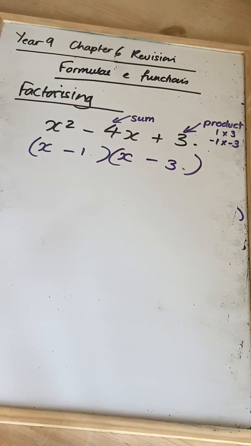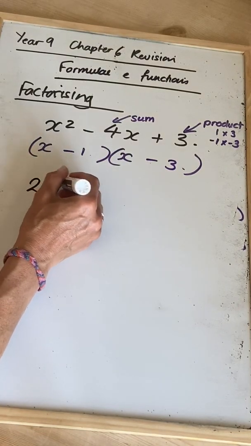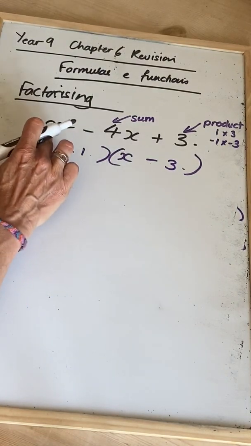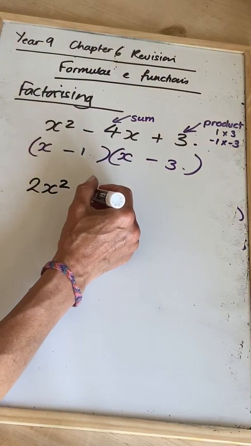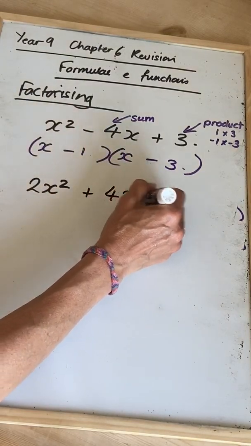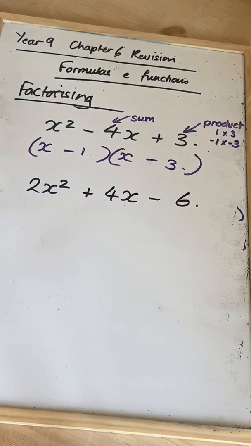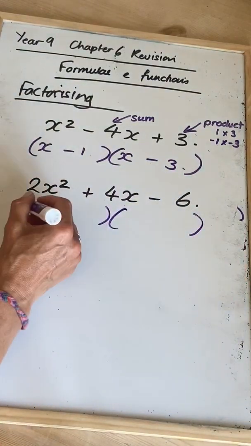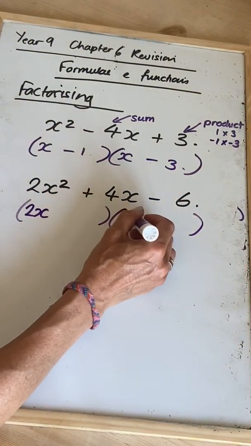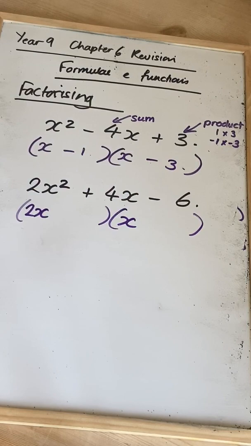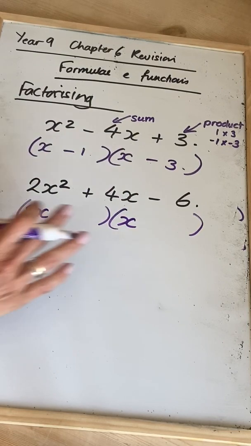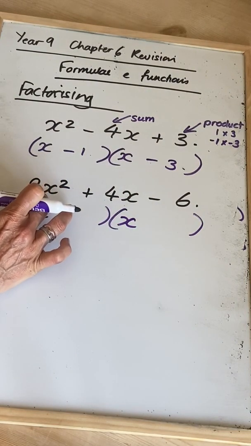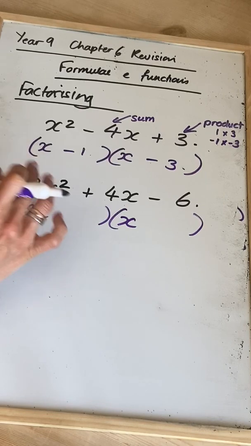Okay, now these do get harder, and the place where they really get harder is when the number in front of the first x squared, that coefficient, we call it, is not a 1. Because that means that in our brackets, we are going to have a 2x and an x, because that's the only way that we would get a 2x squared there.